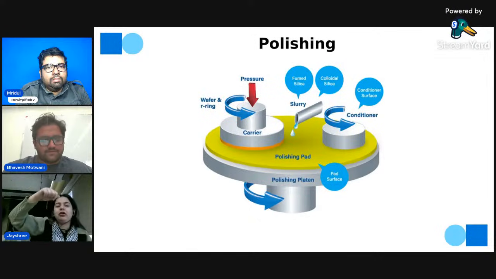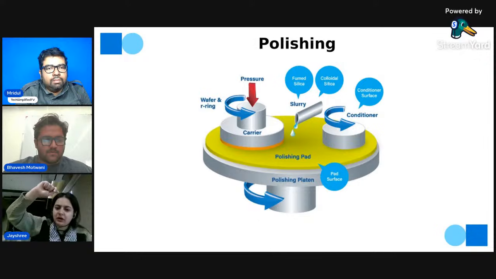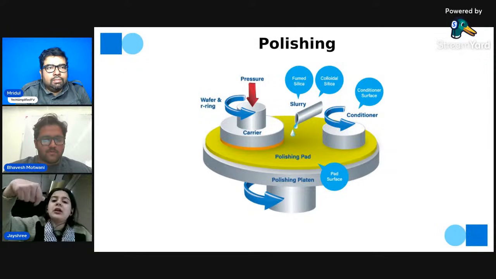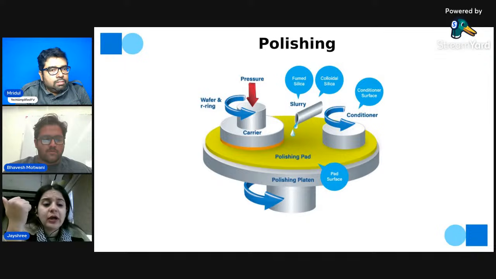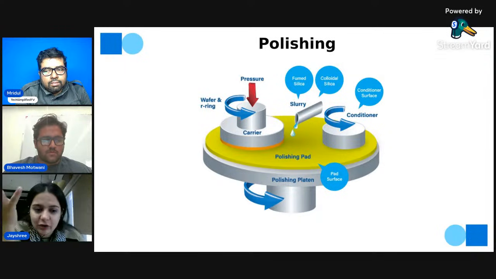We put it in manually or automatically, and at certain times we control the amount of slurry given to the process. This slurry is basically SiO2, silicon oxide, usually dissolved in NaOH, ammonium hydroxide.